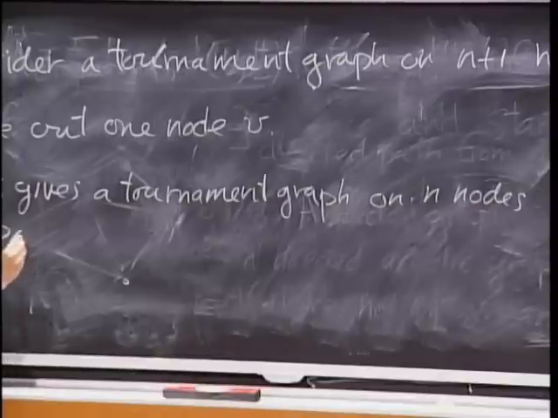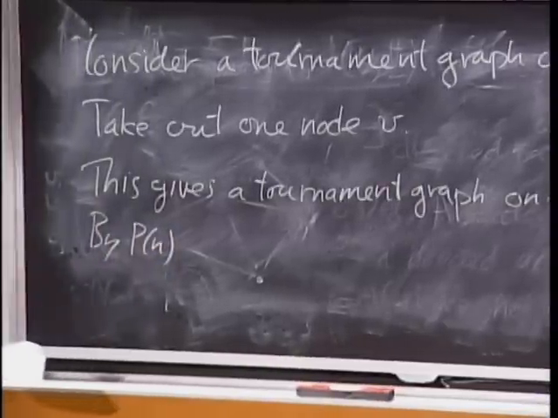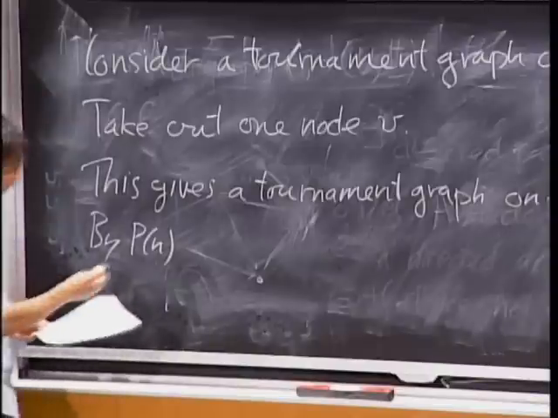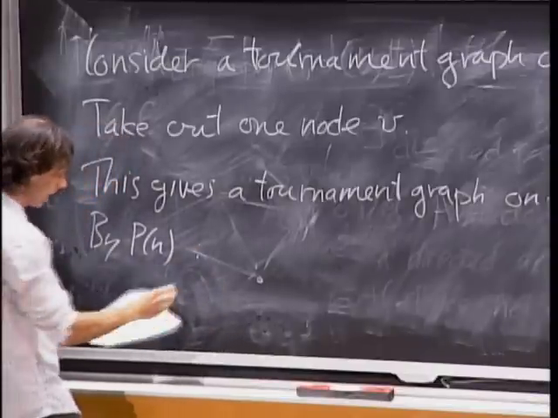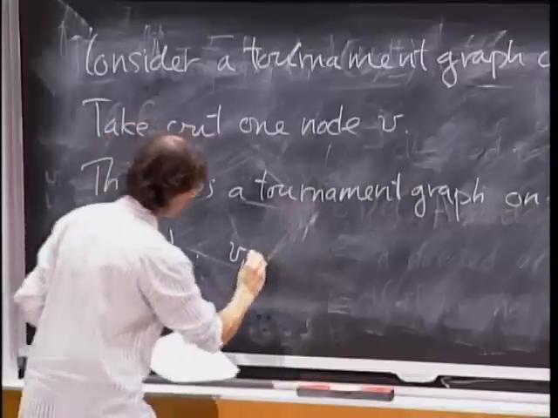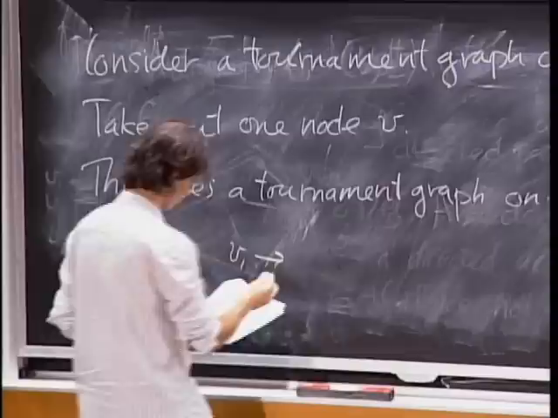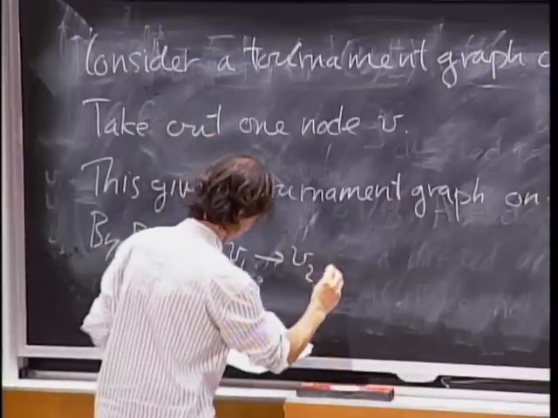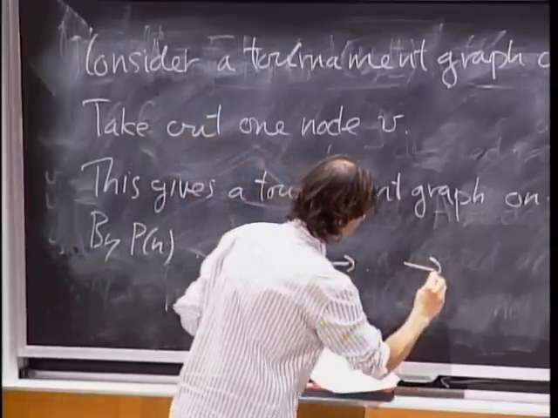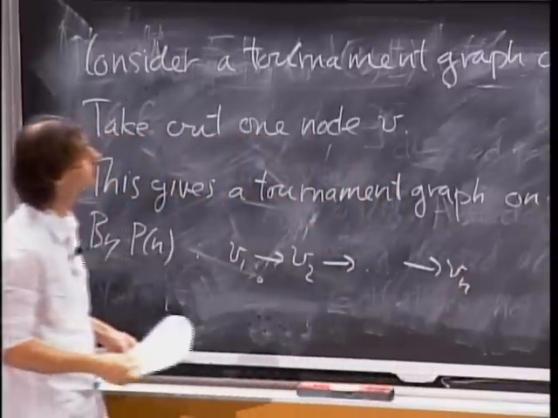So by the induction hypothesis, I mean, we can use this, we know now that we actually have a directed Hamiltonian path. So let V1 to V2 to Vn be such a path.